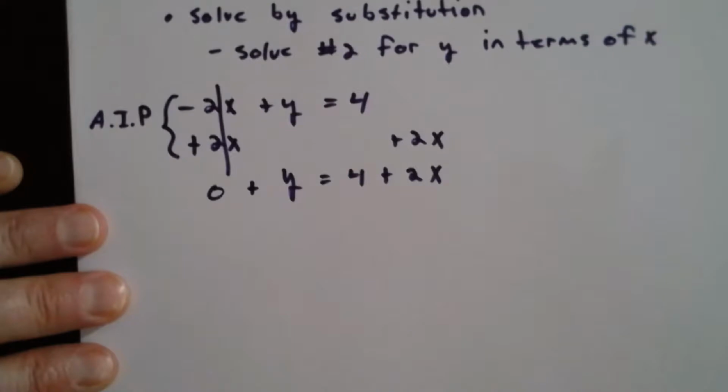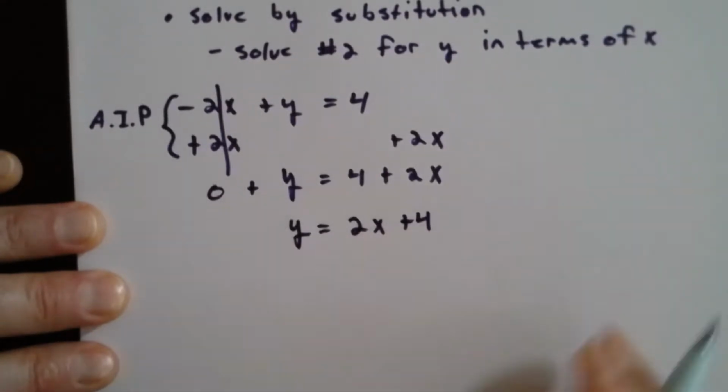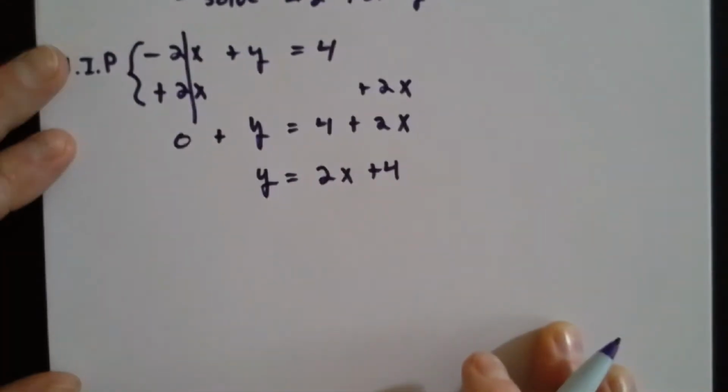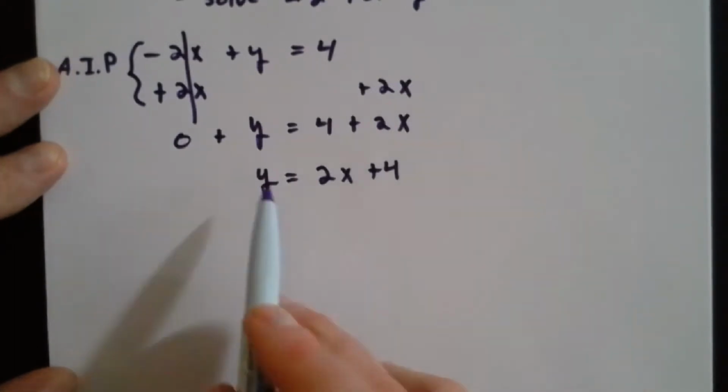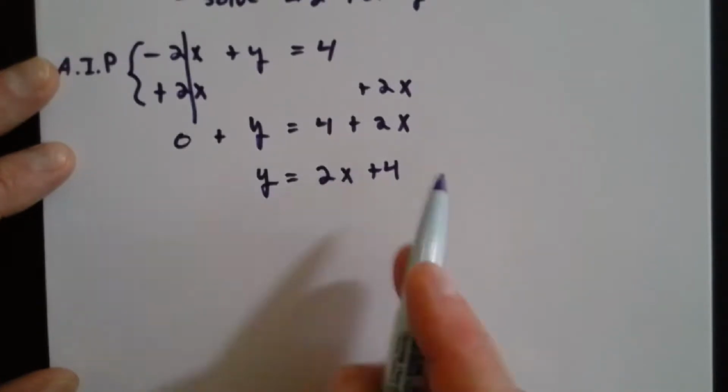And like terms have all been combined, and so we have y is equal to 2x plus 4. We're going to substitute this into number 1.